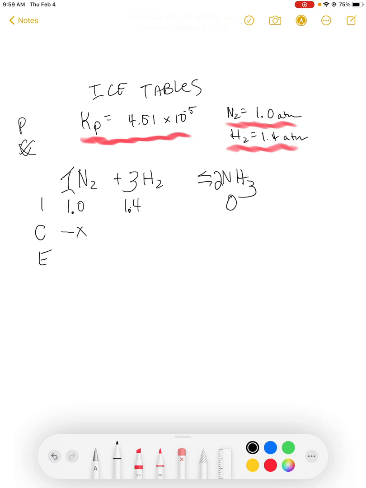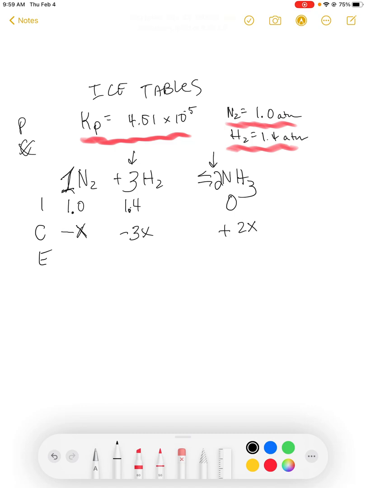This one, though, has a 3 in front of it, so it's going to go down 3 times as much. And the product is going to go up by twice as much as the nitrogen is going down.